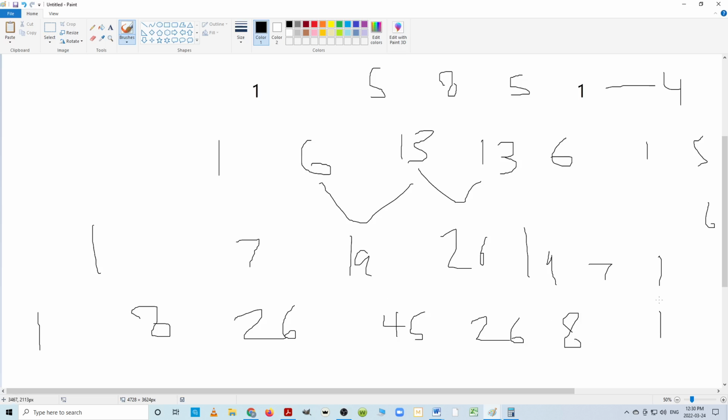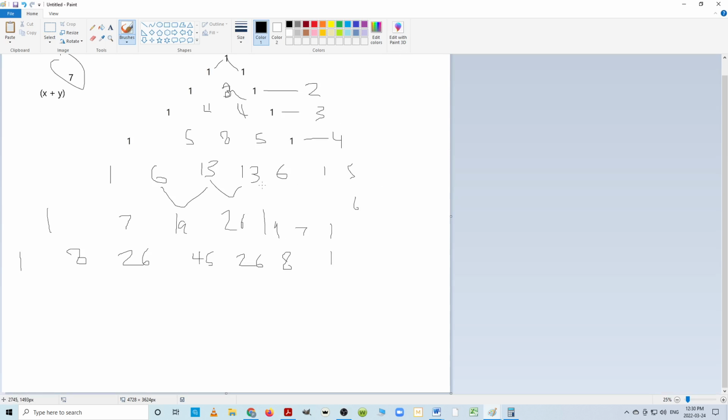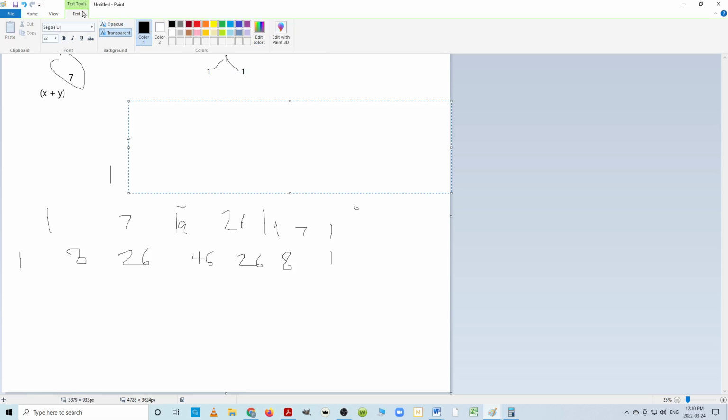Did I get them all? I think I got them all. So now that I know what the power 7 ratios, or coefficients, are, and you're like, what are you doing? You'll get into it more when you learn it. I know that I'm dealing with 1, 8, 26, 45, 26, 8, and 1 as coefficients.